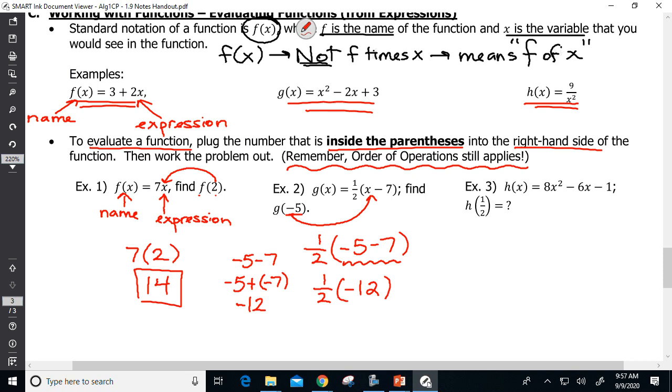You still gotta learn it and pick up on it. Progress, not perfection. Half of -12. So what's half of -12? -6. Positive times negative is negative. Half of 12 is 6.